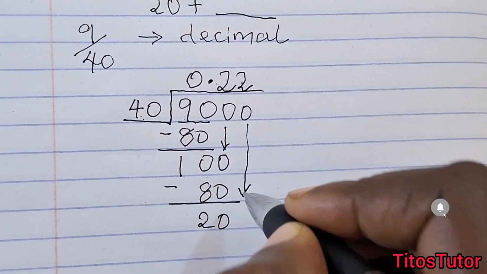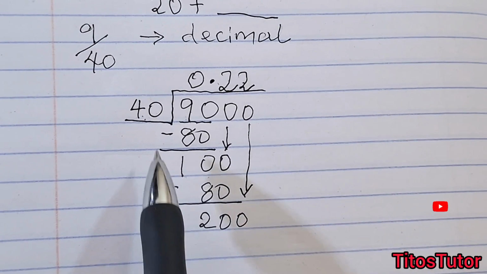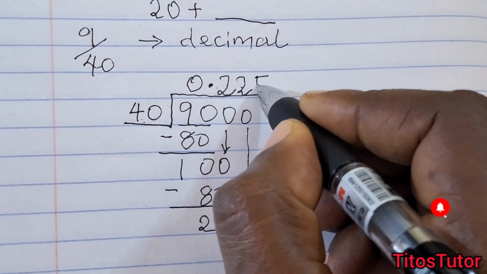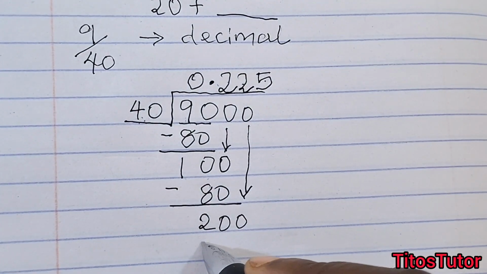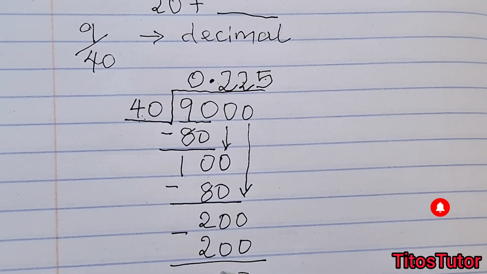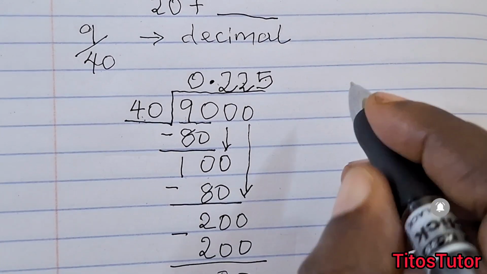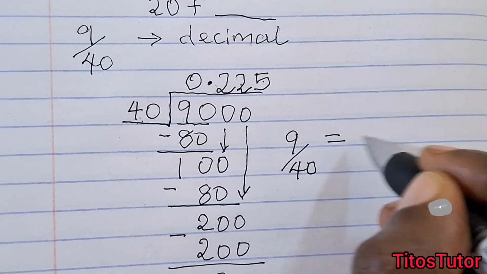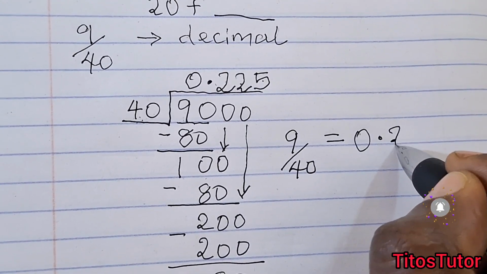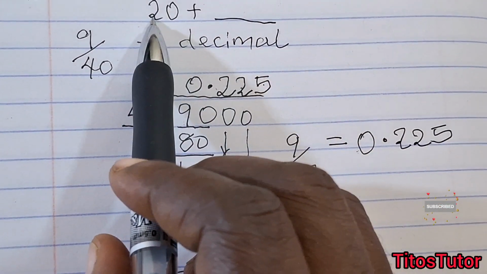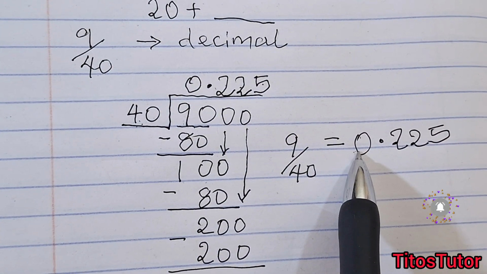Then I bring down my 0. How many 40s do I have in 200? 5. 5 times 40 is 200. I subtract and I have my zeros. So 9 over 40 is equivalent to 0.225. 0 plus 20 is 20.